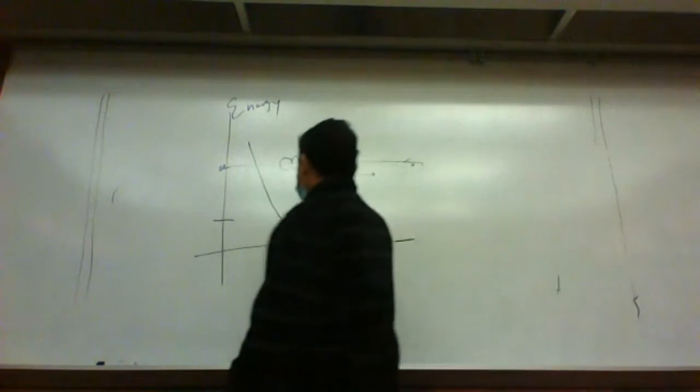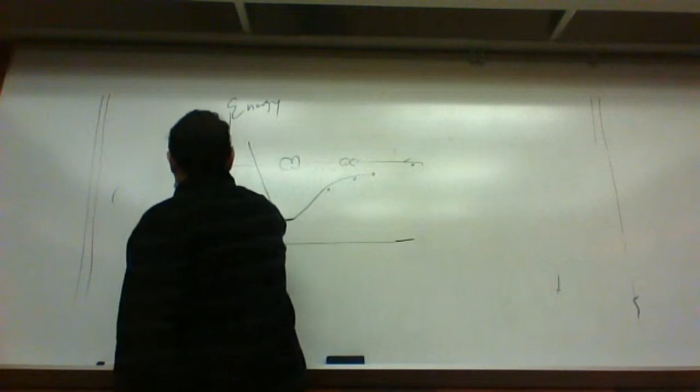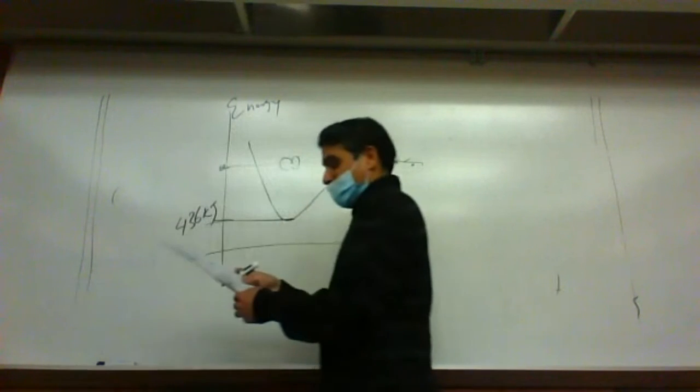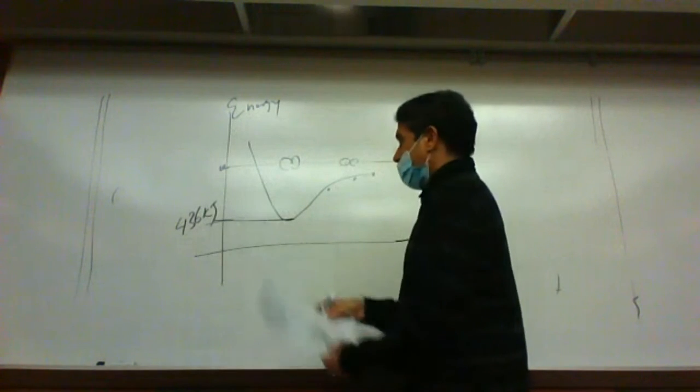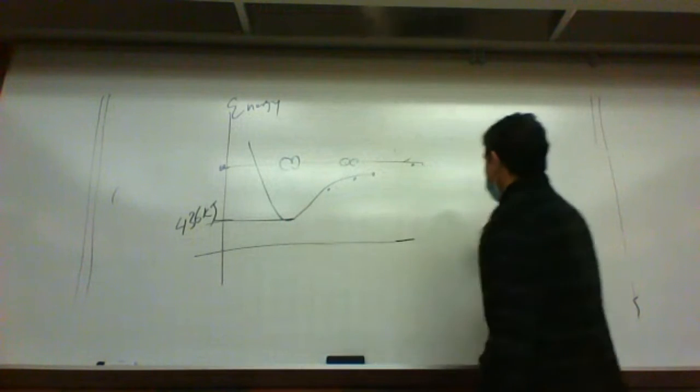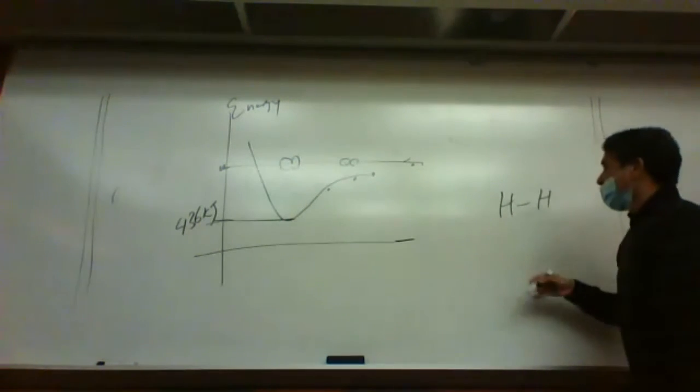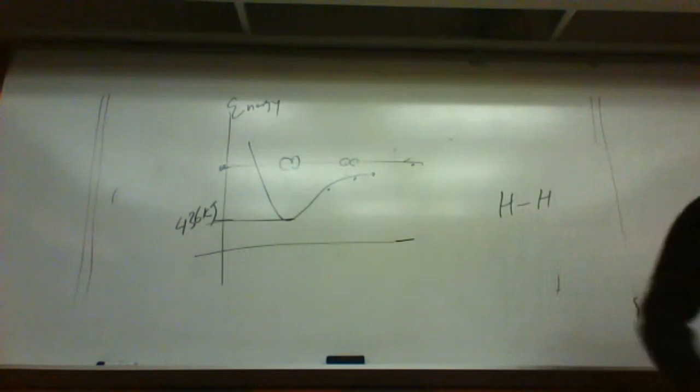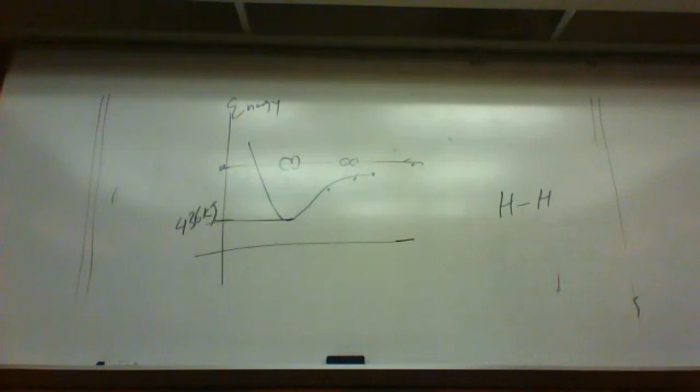So this is the bond energy of hydrogen. This is 436 kilojoules of energy, which is the amount of the bond energy. So when the H-H bond forms, they release 436 kilojoules of energy. We are talking about 6.023 times 10 to the power 23 molecules of hydrogen.